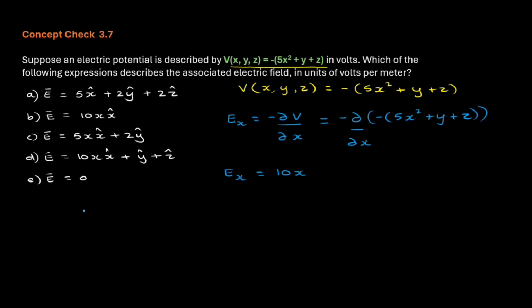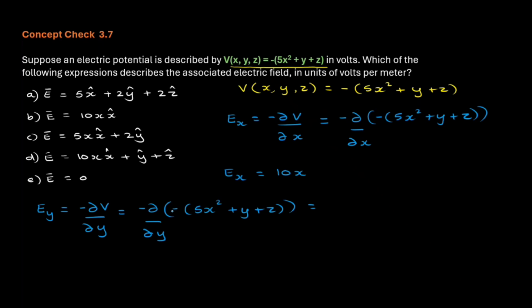We do the same thing for Ey. I will write Ey equal to negative derivative of V with respect to y. So substitute for V: negative derivative of minus 5x squared plus y plus z over dy. Again, since you're taking the derivative with respect to y, any term which is not y will be treated as a constant.